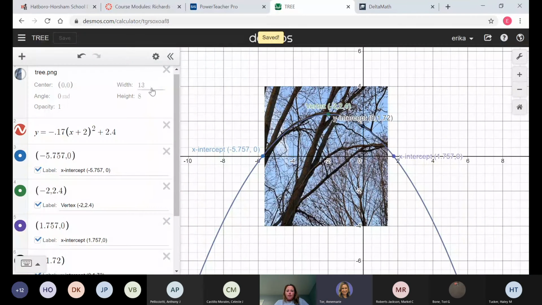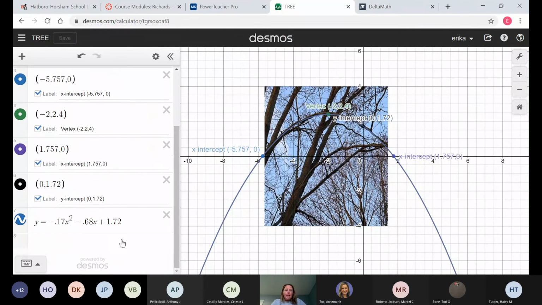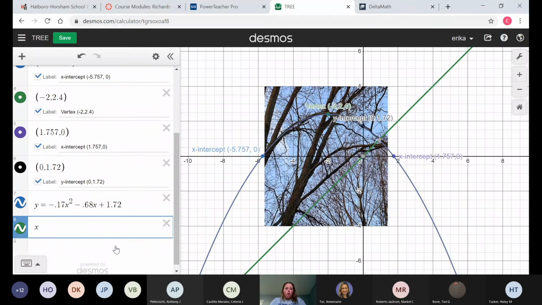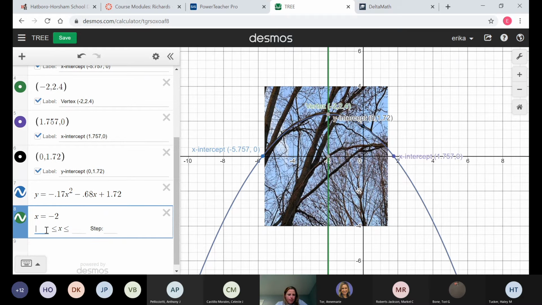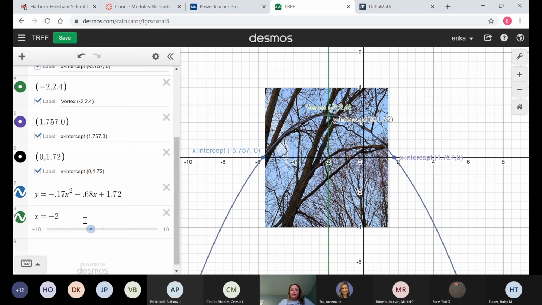Ms. Richards, is there a way to label the axis of symmetry in Desmos? Again, the axis of symmetry is a vertical line, x equals -2. It's a vertical line that runs right through the vertex. I don't think it's going to let me label it, but you could put that line in and label it on your own when you draw on it. I don't mind the axis of symmetry if that's something you want to see.